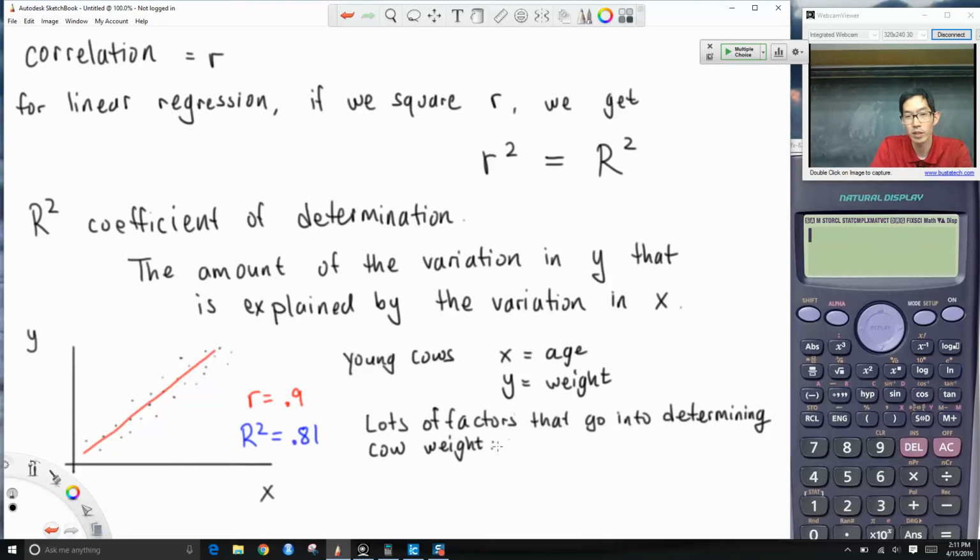So maybe age, but diet, genetics, etc. And what we're saying is that the inclusion of age, with X being age, can account for about 81% of a cow's weight. Cows weigh different amounts, and about 81% of that variation can be accounted for by age.